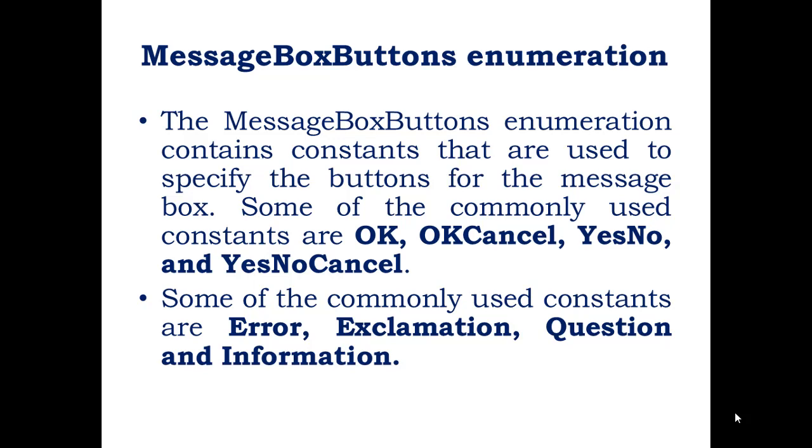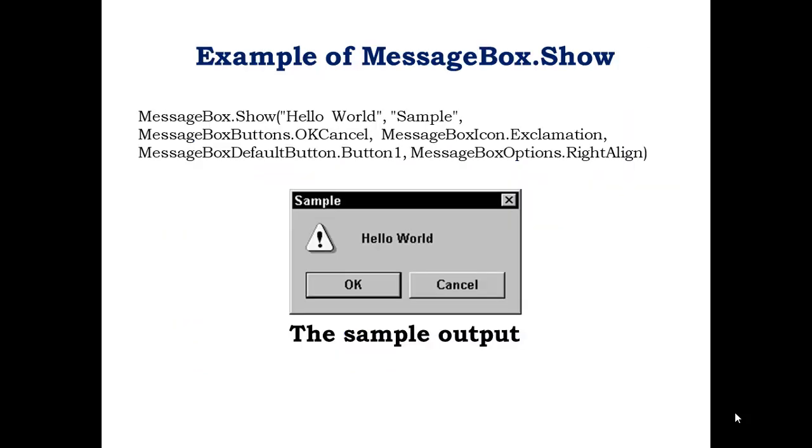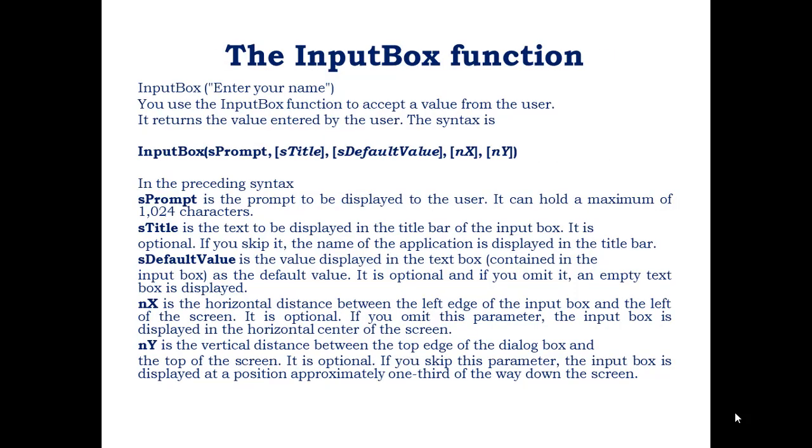The icon type is also used for the type of message box. The example of MessageBox.Show: Hello World sample, and then MessageBox button is OK Cancel, MessageBox icon is Exclamation, MessageBox default button is Button1, and MessageBox option is RightAlign. So this is the sample output of a message box.